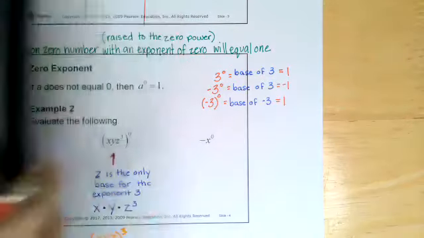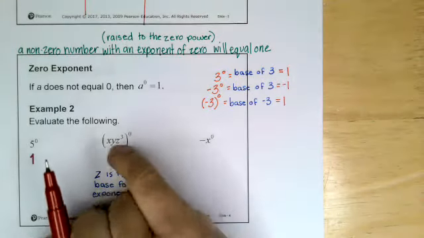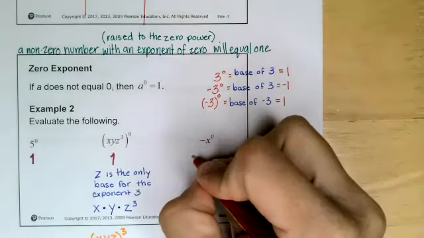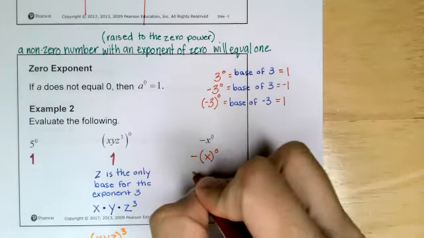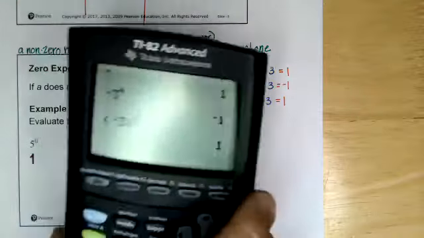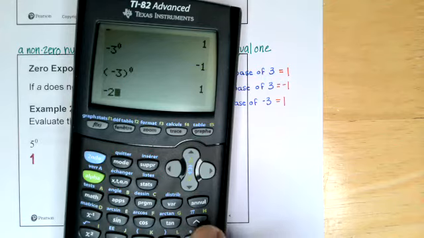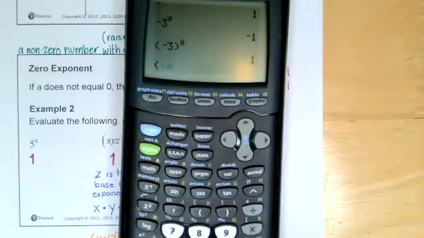Okay? So without parentheses, the only base for the exponent is the number right below it. So this is actually negative x to the 0. X to the 0, no matter what x is, is 1. Even if it was negative 2. Oh, sorry, because we have it in parentheses. Negative 2 to the 0, it would still be positive 1, okay?